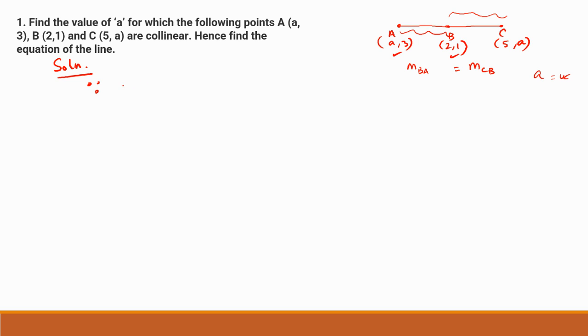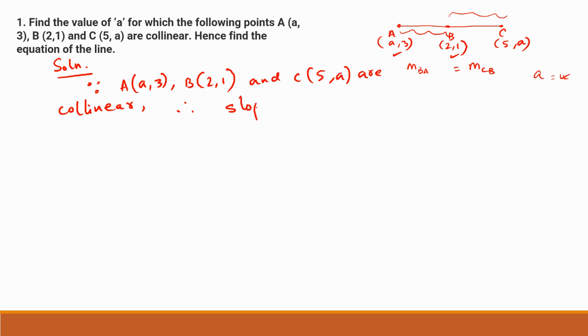Since A (a, 3), B (2, 1) and C (5, a) are collinear, therefore slope of AB equals slope of BC.